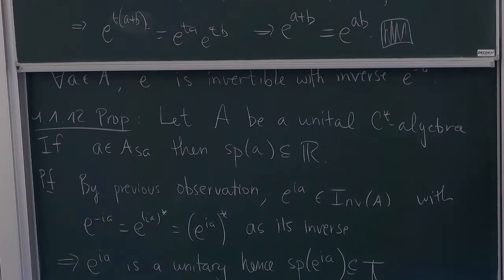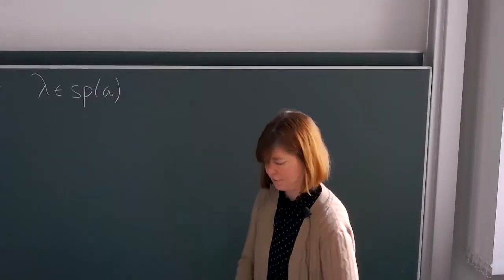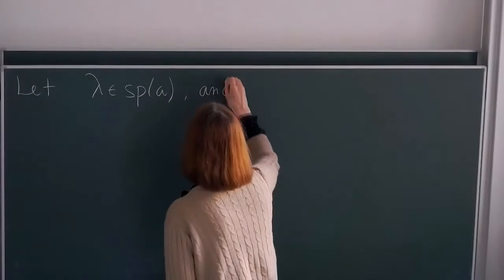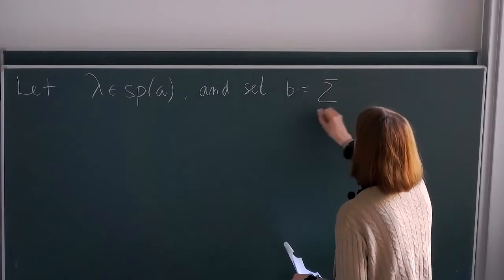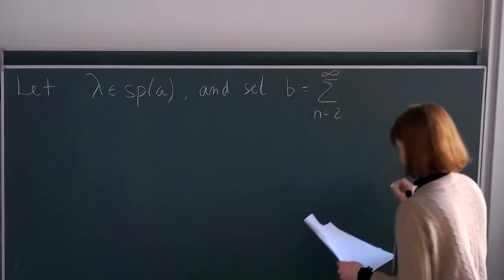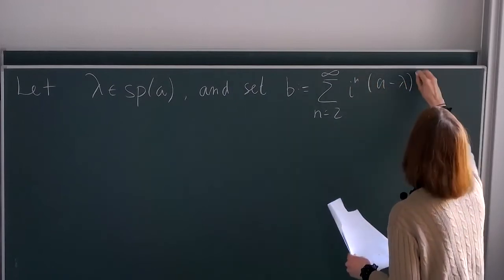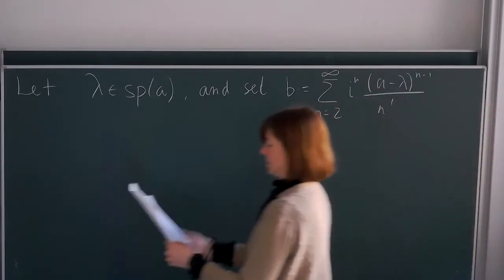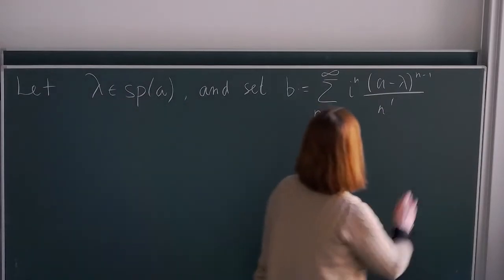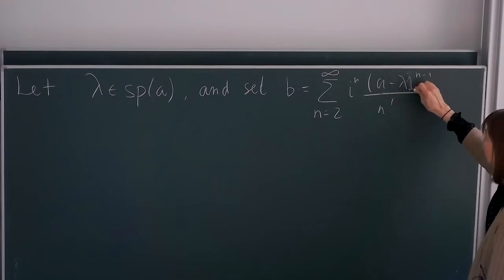So now take an element lambda in the spectrum of A, and set B to be the following element. We're going to sum from n equals 2 to infinity, i to the n, A minus lambda to the n minus 1, over n factorial. Then this is just some infinite sum with A's and lambdas. So this should be lambda times 1, to be a little bit more specific.